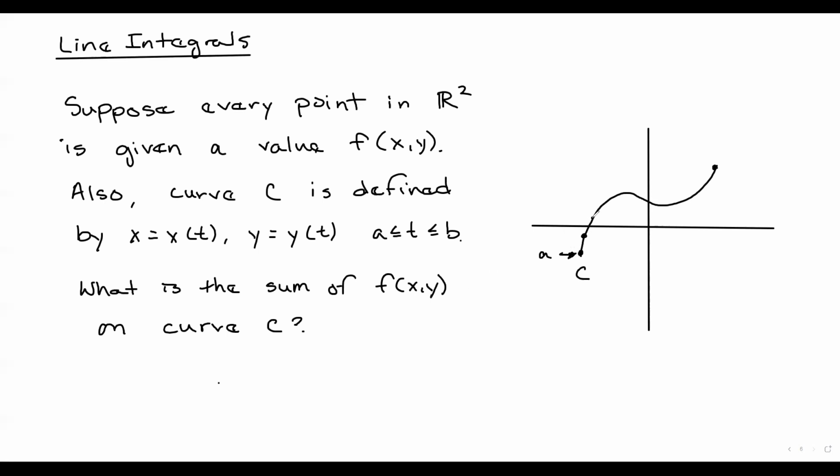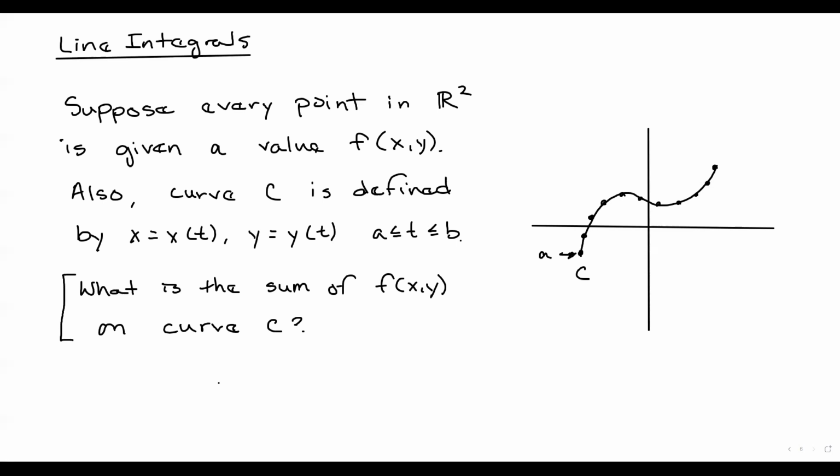Then you increment again and ask, what's the function value here and here and here? You just move along the curve, calculating the function value at each point, and when you get to the end, you add all those function values up. So we want to know, what is the sum of the function values that are on the curve? That is our question that we want to answer.